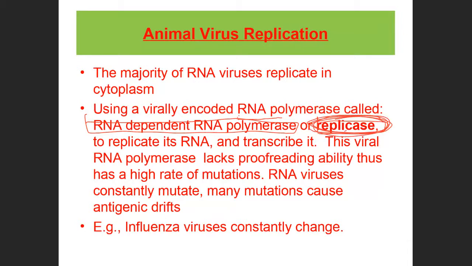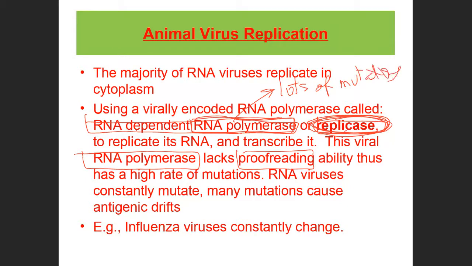An important point here: RNA polymerases do not have proofreading ability. So an RNA virus using an RNA-dependent RNA polymerase does not have proofreading ability, which means lots of mutations.